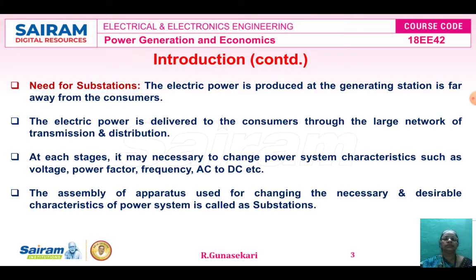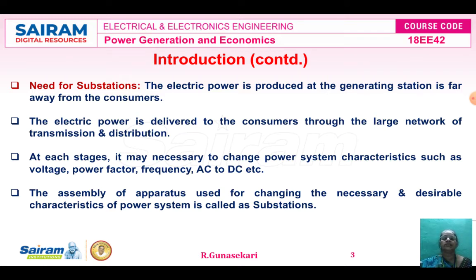The transmission system consists of primary transmission and secondary transmission. The distribution consists of primary distribution and secondary distribution. So there are different networks at different levels of voltage.